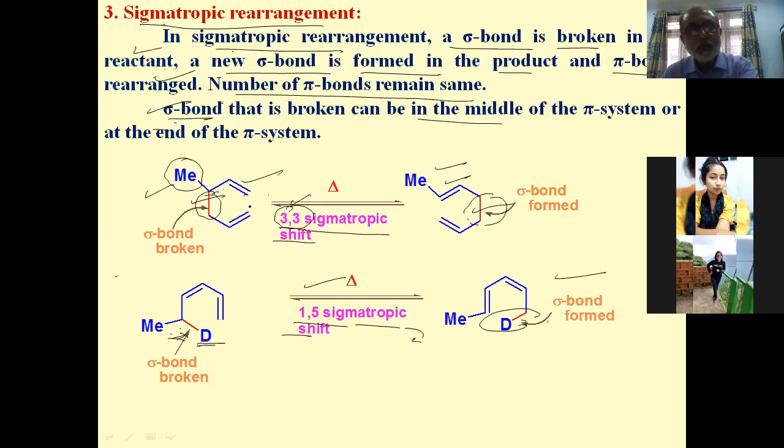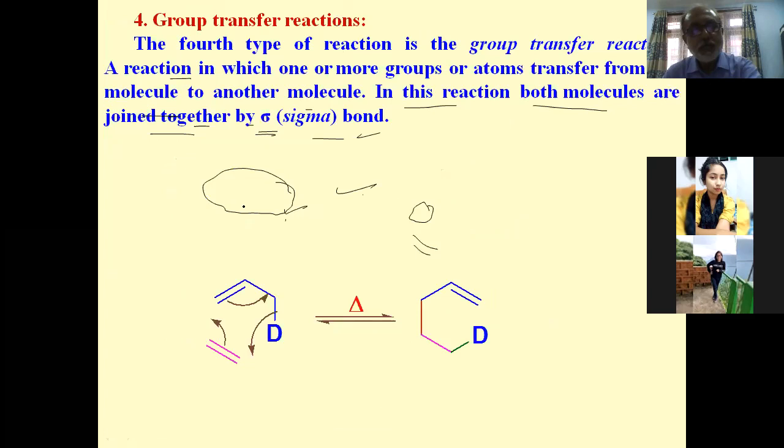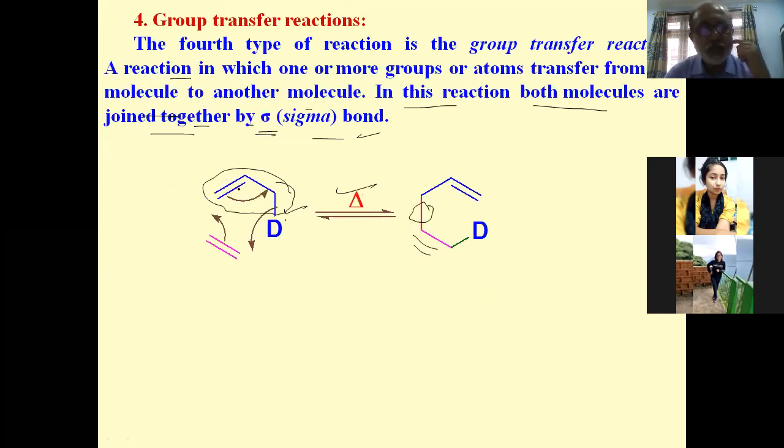And when we come to the sigmatropic rearrangement, you find that a new bond is formed here and this bond is broken. So the cyclic transition state involved will be something like this. So everywhere there is a cyclic transition state. And in the ene reaction also, the cyclic transition state will involve these atoms and groups.